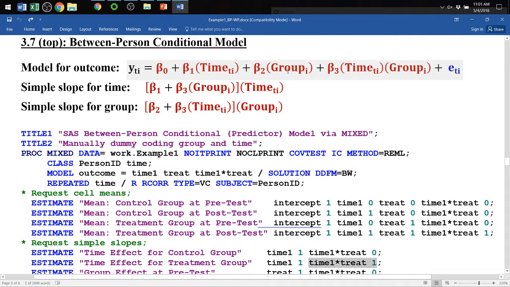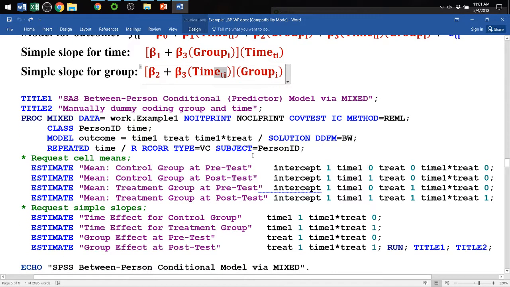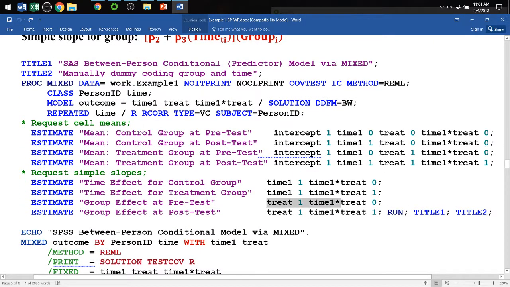Likewise, if I want to know the group difference at any occasion, I pull out of the model the terms that have group in them and only those terms, factor out group, and the main effect of group is at a minimum beta 2 when time is 0, and it's beta 2 plus beta 3 times whatever value of time you're interested in. So then down here, this is the main effect of treatment at time 0.